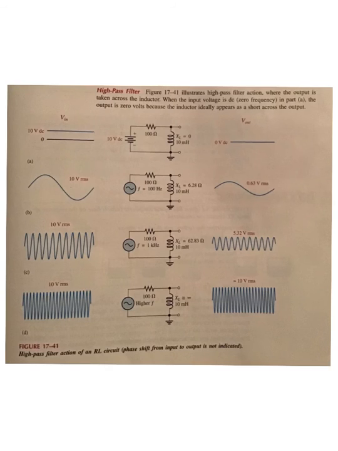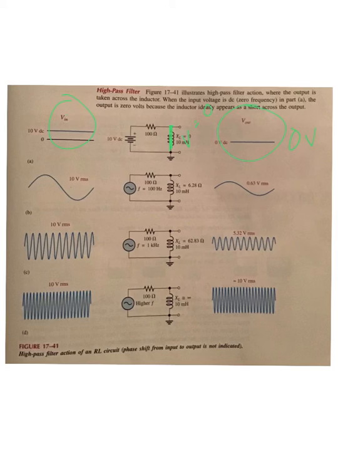In terms of a high-pass filter, you see the response curve on a high-pass is completely different. This inductor is a short circuit to DC, so therefore the voltage of a short is 0, and what you see here is 0 volts.